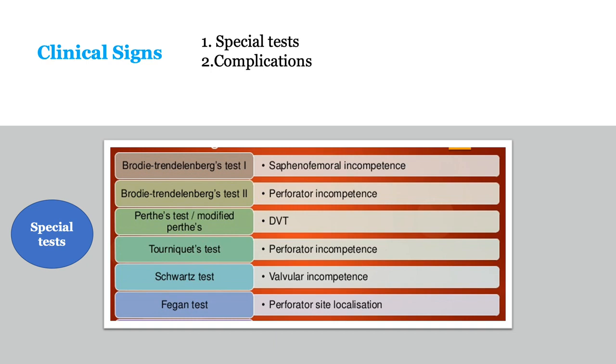Regarding special tests, I want you just to take a look at these tests, because these tests will be explained in detail in clinical practice, in the sixth stage, okay, so just have a look at them.